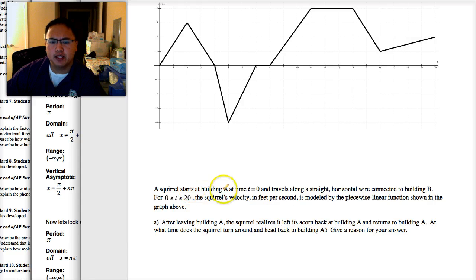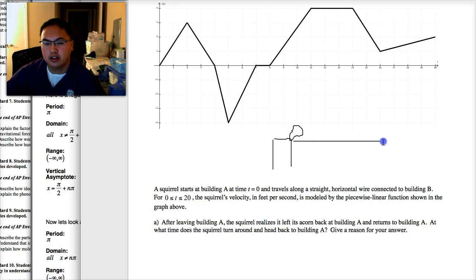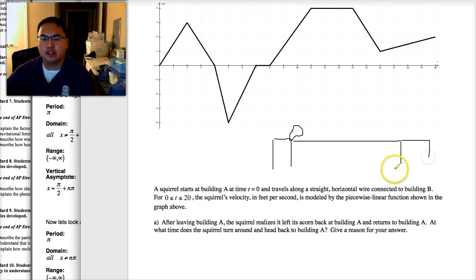The squirrel starts at building A at time t equals 0 and travels along a straight horizontal wall connecting to building B. If you want to draw a picture, I can't draw a squirrel, but there's my squirrel, and it starts at a building and it's going down a horizontal wire connected to building B. Imagine with your great creativity this squirrel looks like a pork chop. It's traveling along a straight horizontal line connected to building B, so B and A.